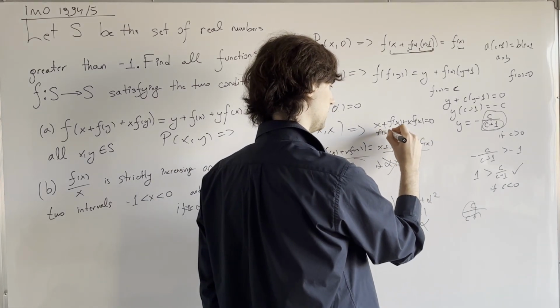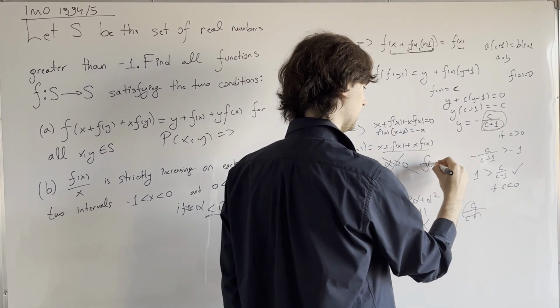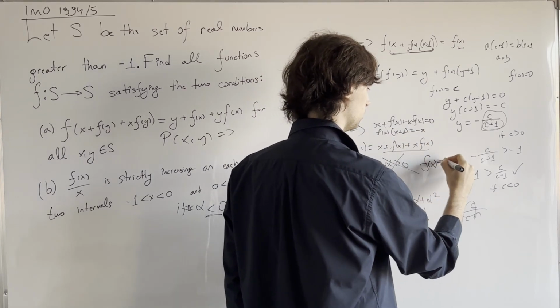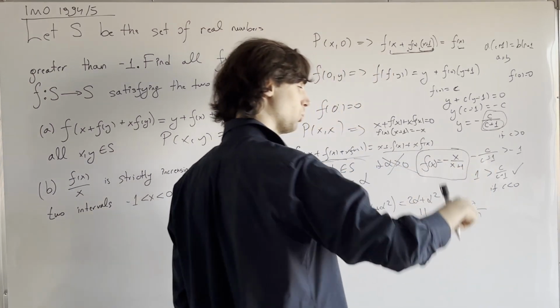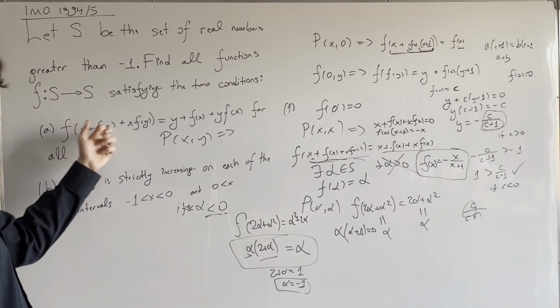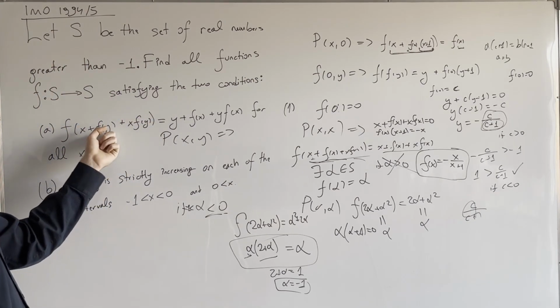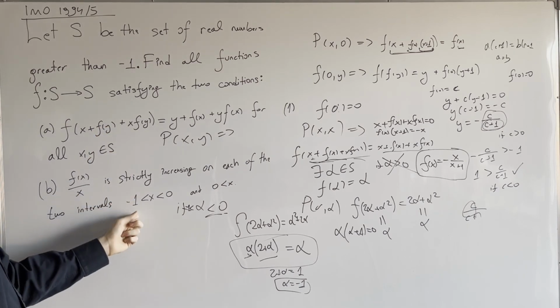So we have f of x times x plus 1 is equal to -x, and then f of x is equal to -x over x plus 1. This is what f is forced to be. And now we need to plug those in here to check that this is the case and check that this is strictly increasing on both of these intervals.